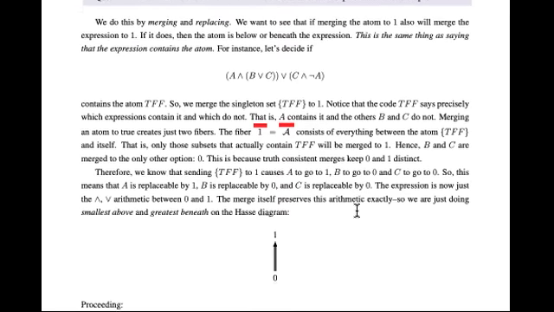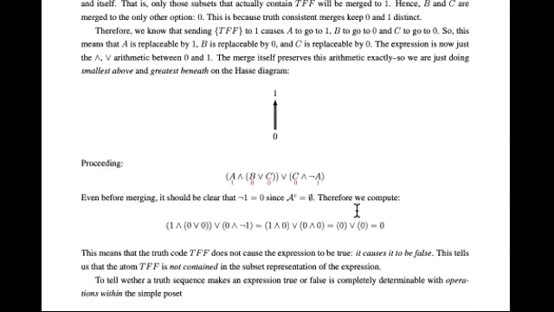Well, to do that, merging the atom to true is basically what that does. If this particular atom says that A is true, then A will merge to true. So A will go to 1.